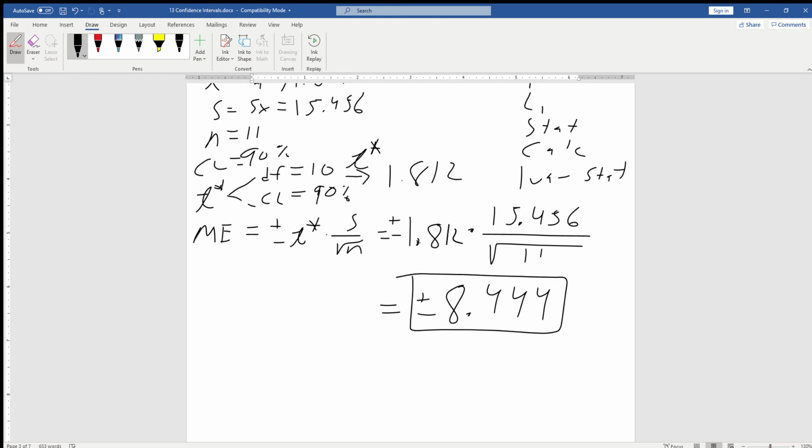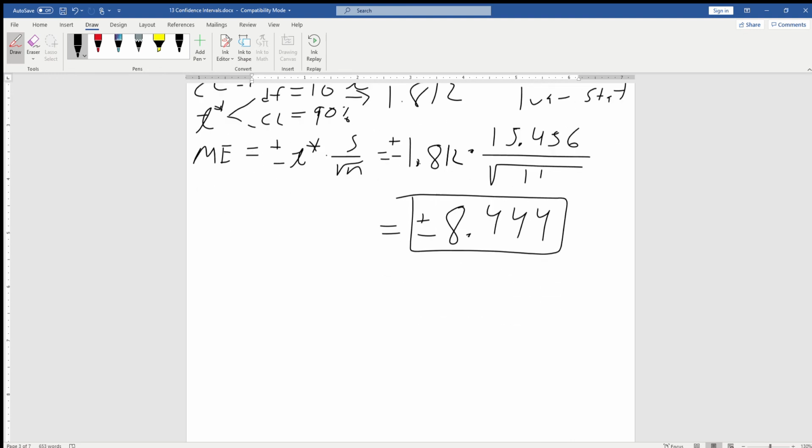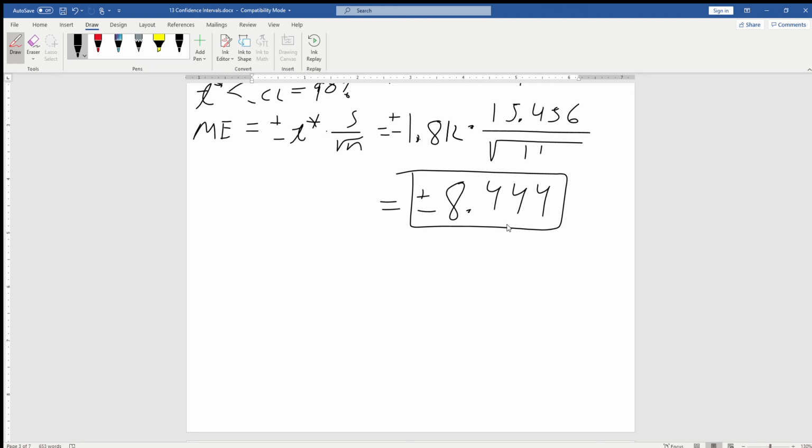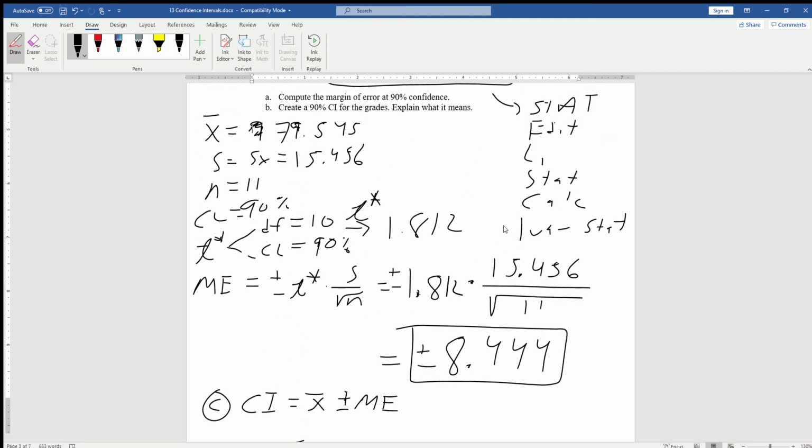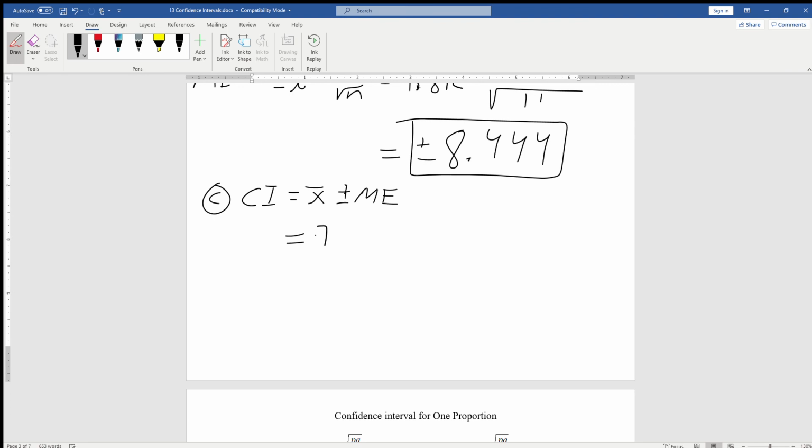That dictates how wide our confidence interval is going to be. Now, finally, we're going to find the confidence interval. Remember, our confidence interval is x bar plus or minus the margin of error, because it dictates the width. In this case, that's x bar, which we found to be 79.545, plus or minus 8.444.